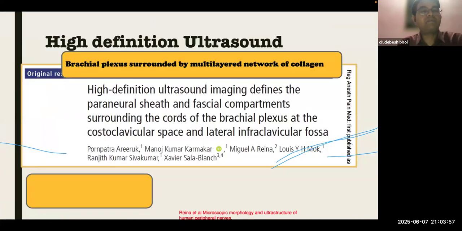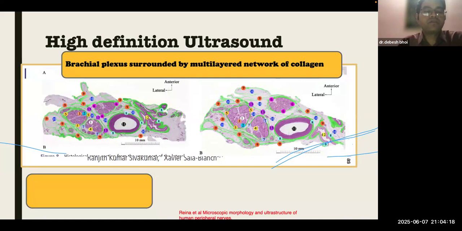So these cords can be identified. If you see the brachial plexus arrangement or the fascial compartment, this is a very good paper where ultrasound imaging defines the pyramidal sheath or fascial compartment, and how the cords are surrounded. The plexus is surrounded by multi-layered network of collagen. This is the costoclavicular, the more proximal, and this is more distal.